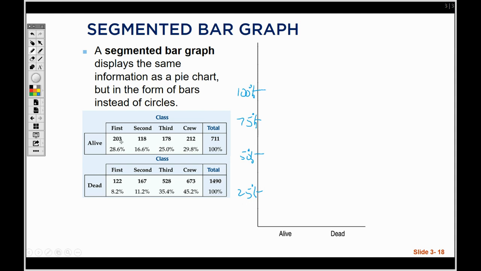I can start with first class down here, or I can start with the crew. If we're building up, maybe the first class people would like to be on the top of this graph. So I'm going to start with the crew, and we got 29.8%, which is more than 25%. So if we're thinking about how this breaks down proportionally, we're going to have like 25, 30, 40, 50. So I'm going to go slightly above, and I'm going to say these are my crew.